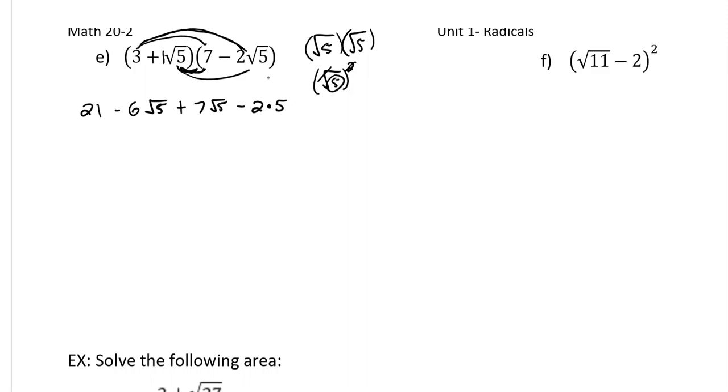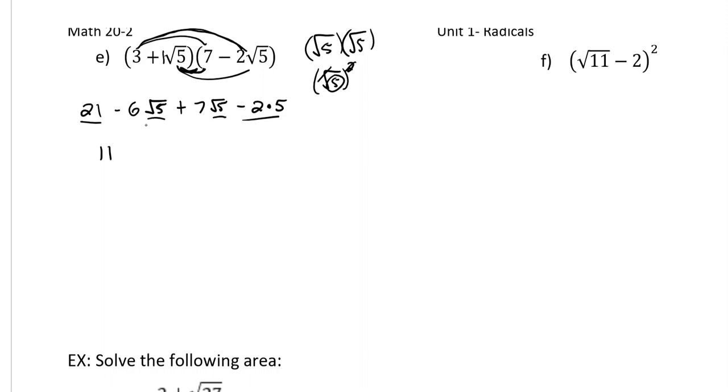Okay, so now we go through and we just simplify what we can. So you can see here we've got 21 and, I don't want to write it all again just for simplicity, this is really negative 10, right? So let's just go 21 minus 10. So my constant term there is just 11. And then we actually have like terms this time, root 5 and root 5.